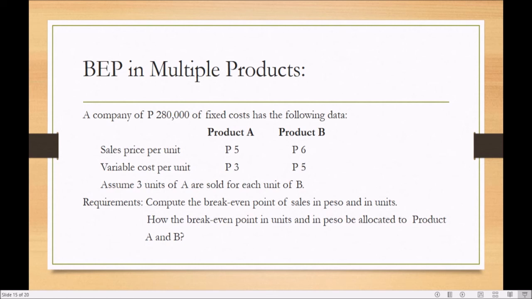Yung pangalawang tanong, the break-even point in units and in peso sales, ilan ba doon yung kay product A at yung para kay product B? Okay, magkaiba po yun ha. Sige, umpisahan na po natin.